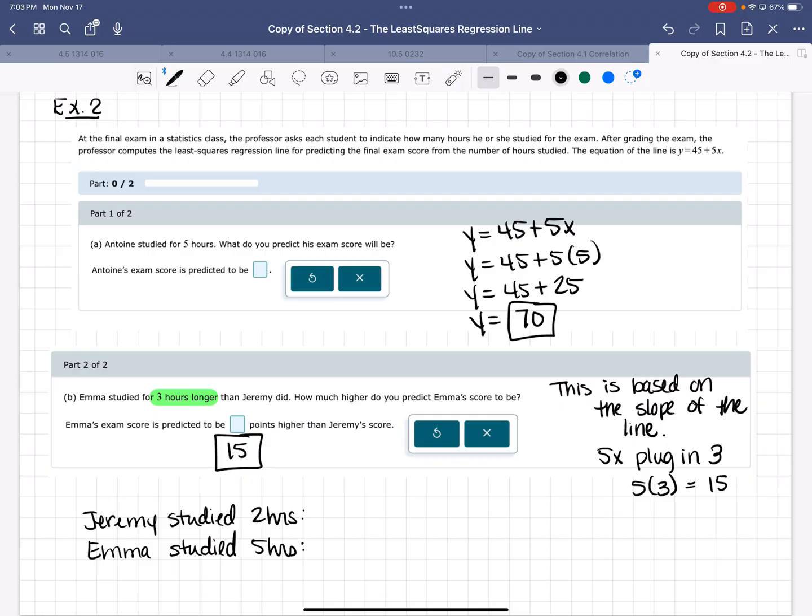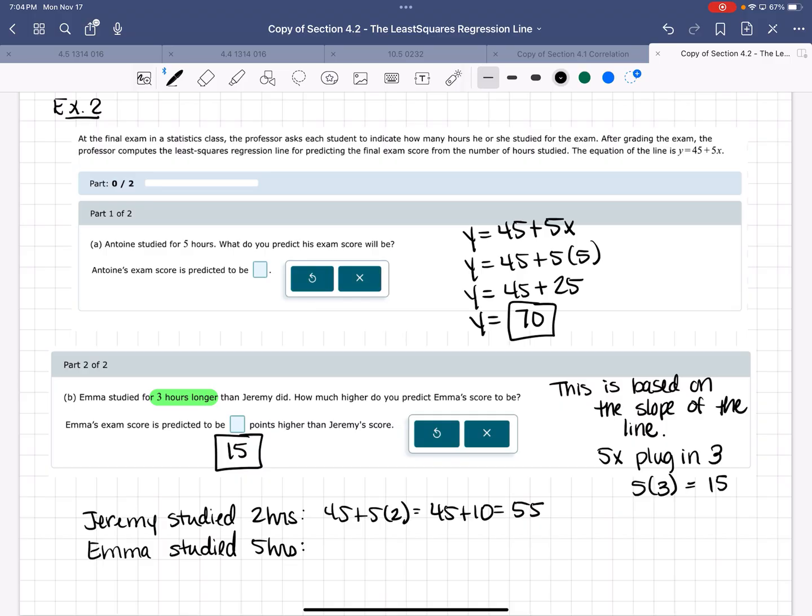So let's see what Jeremy made with his 2-hour study. We said 45 plus 5 times 2. He's only going to make a 55 because that's 45 plus 10 is a 55. So old Jeremy's going to make a 55. Well, that was Jeremy studying 2 hours.